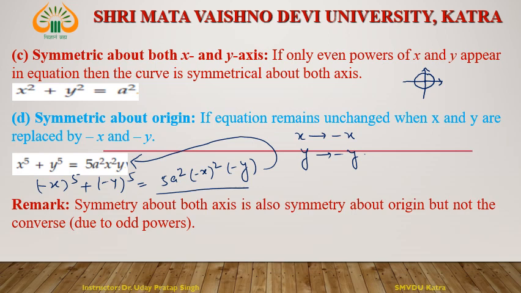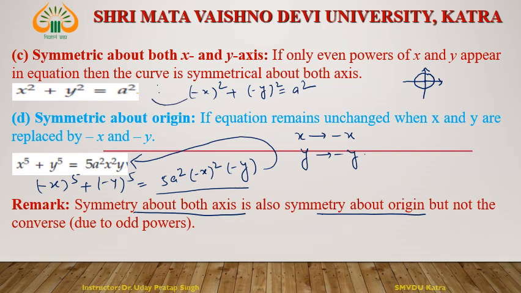Then what is the difference between symmetry about the origin and symmetry about both axes, x and y axis? Every curve which is symmetric about both axes is also symmetric about the origin. But the converse need not be true. See here, if we replace x by minus x, that is minus x square minus y square is equal to a square.